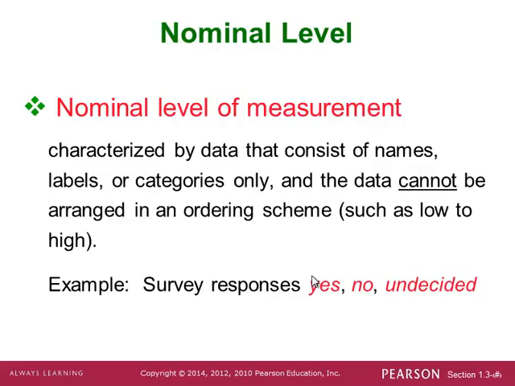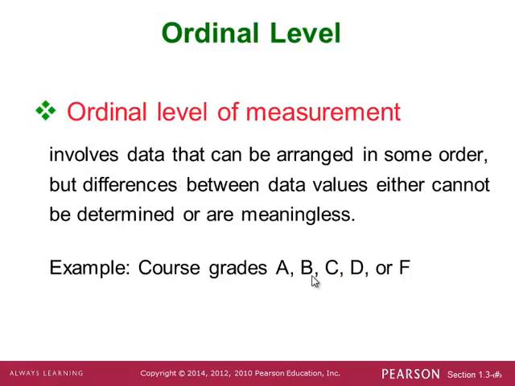Typically, categorical data is going to be nominal or ordinal. Ordinal, there actually is a sort of natural way that you can order.